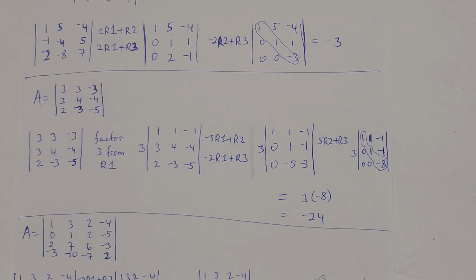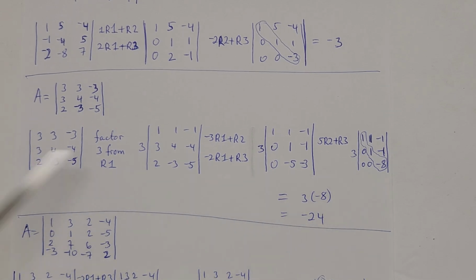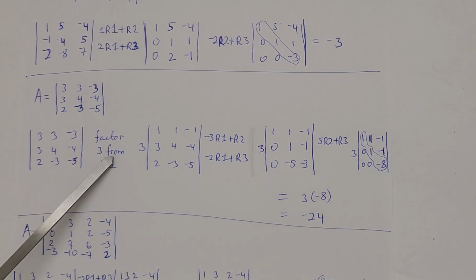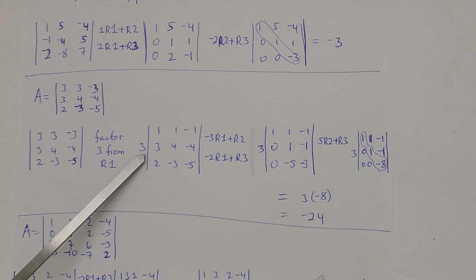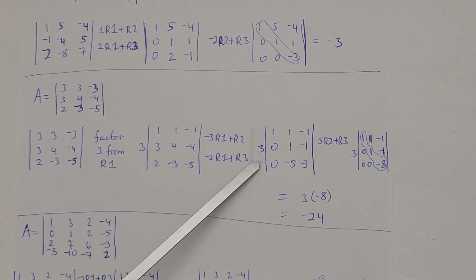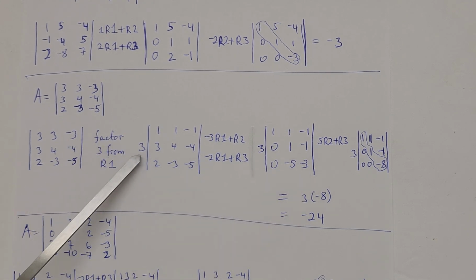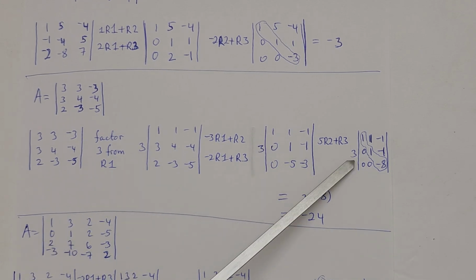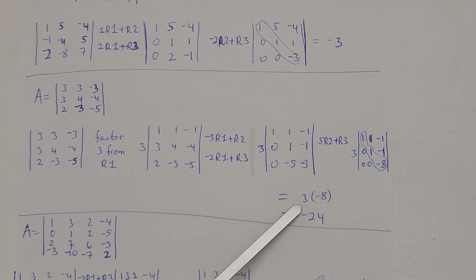One more time, this 3 doesn't have to be a 1. You can leave it alone. However, the purpose of this example is to show you the factor or the scalar. If you factor something out, if you scalar something, make sure you bring it along. So don't forget that number.